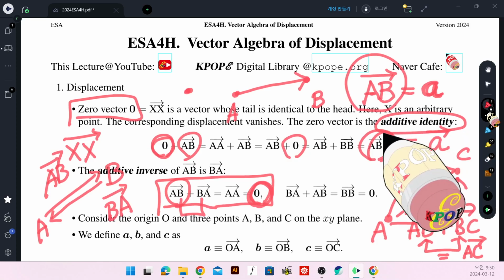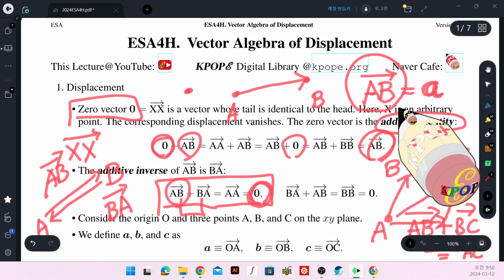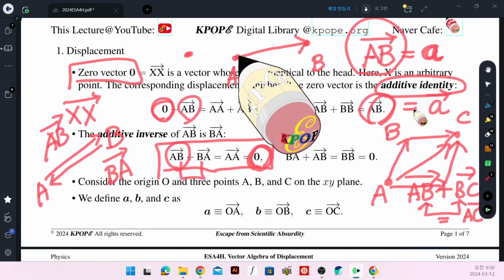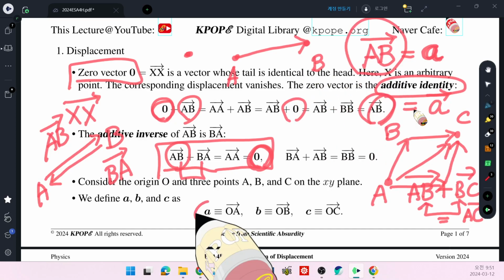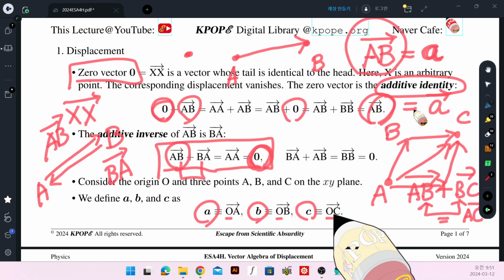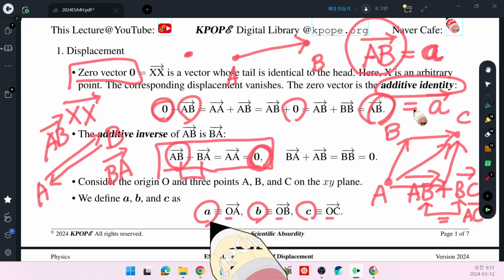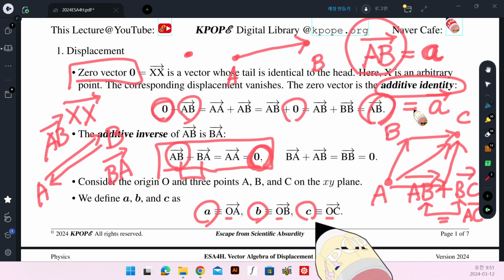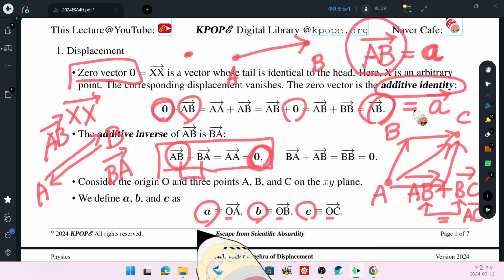Because it is too busy to write all the heads and tails separately, usually we can use a bold-faced italic letter to represent a vector. All this small a, small b, and small c have the same tail. That is the origin. So OA, OB, OC can be written as vector A, vector B, and vector C. If you want to use this notation, what you need to do is specify how these vectors are defined.